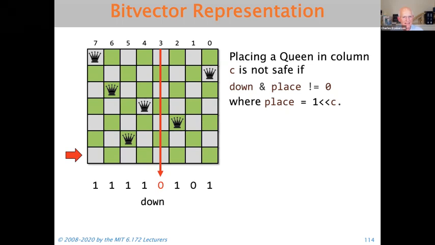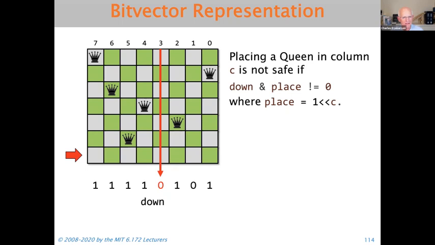Placing a queen in column C is not safe if down AND place, the bit mask for that position, is not 0. The place is whatever column we want to put it in, so a 1 left shifted by that amount.